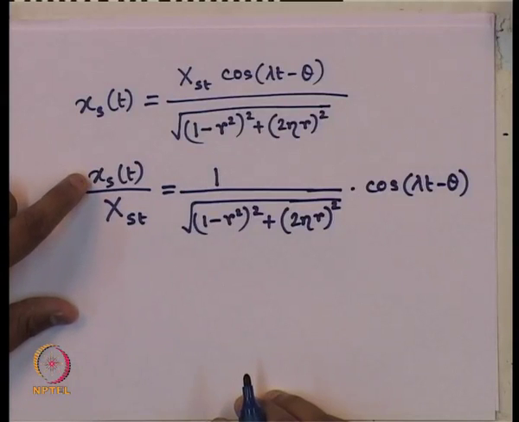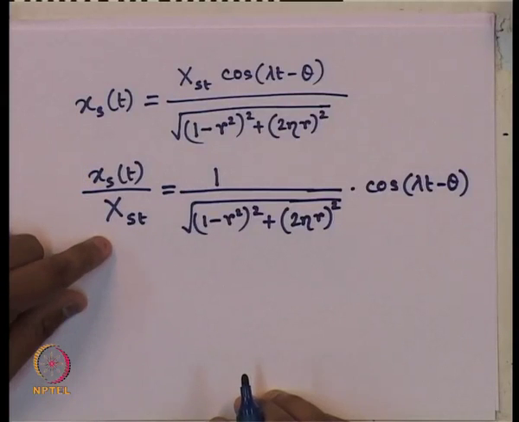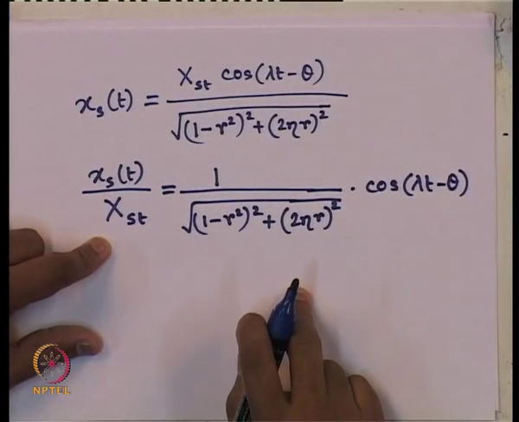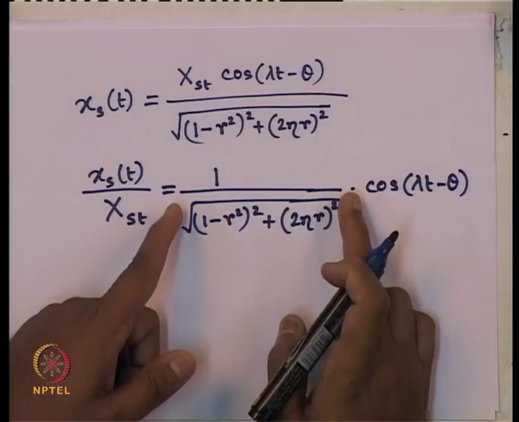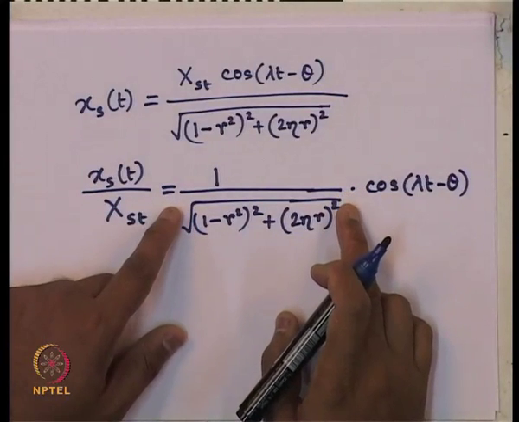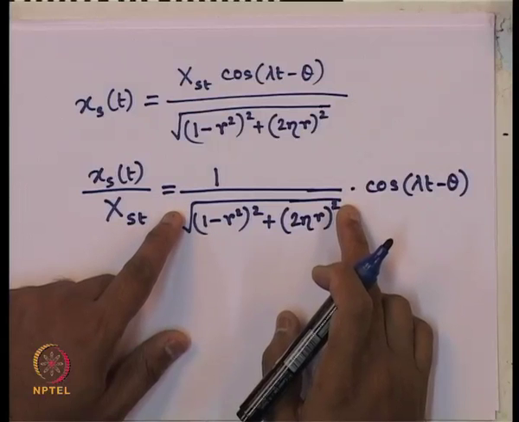The ratio of the steady state displacement to the static displacement is a harmonic function with amplitude, or the maximum value of this, coming out to be this value.